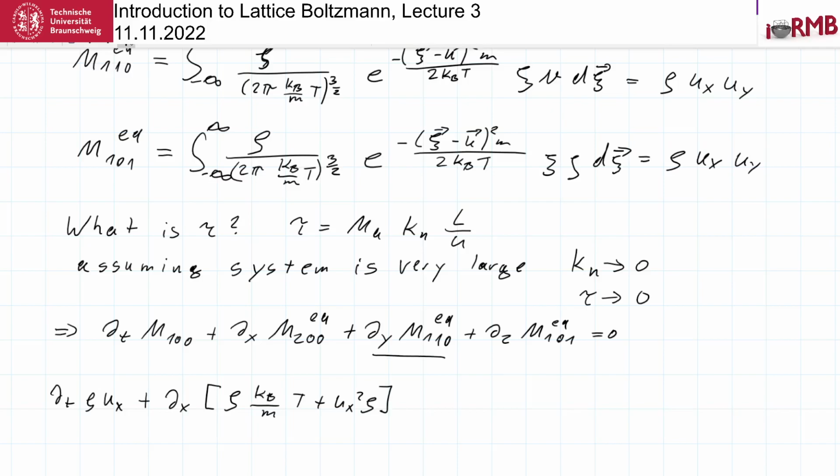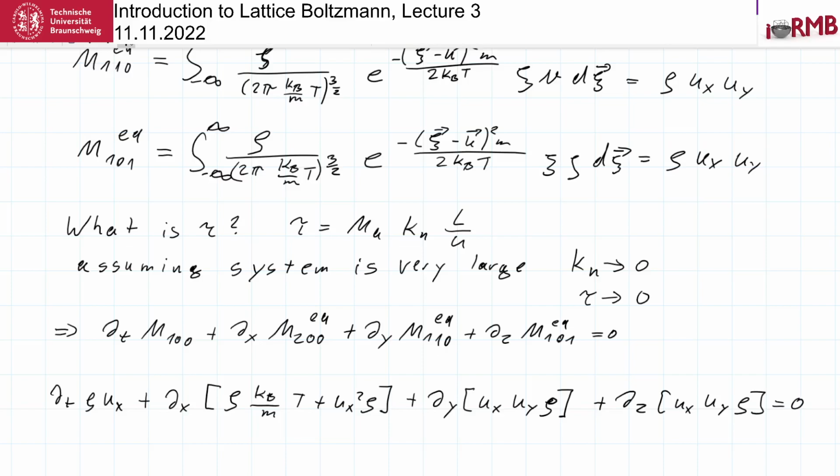Then next guy, this one, plus dy of ux uy rho. And last one, this one, dz of ux uz rho, and this is equal to 0.